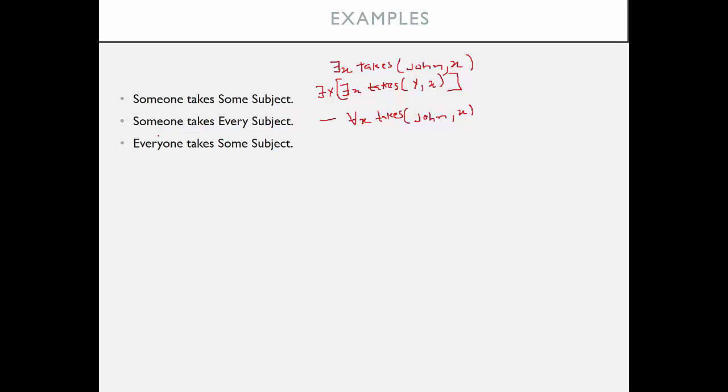We're talking that it could be John or more people, which is some. There is at least one. So this gets converted into y. Now this will also be a variable, and outside this, we're going to have an existential quantifier, because we're talking about some.